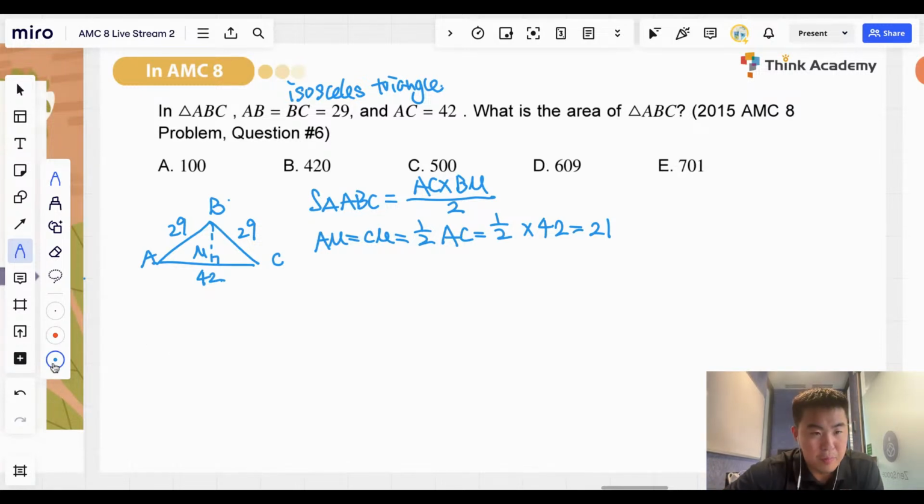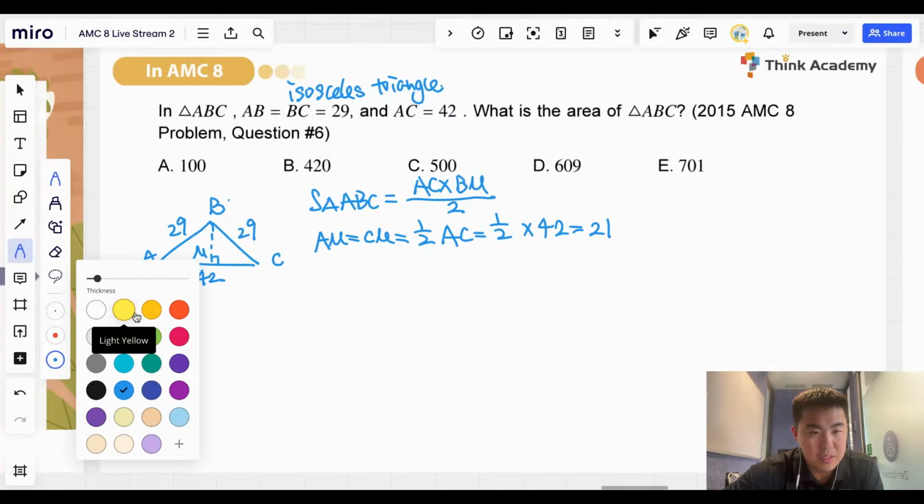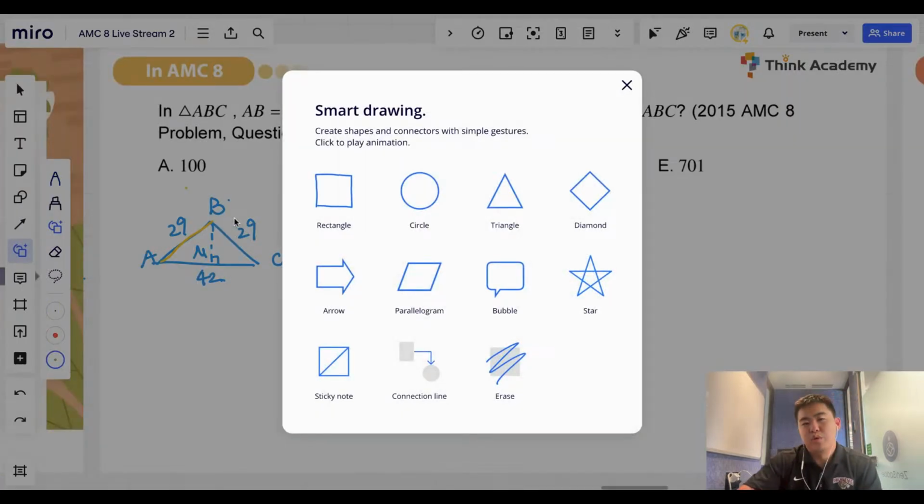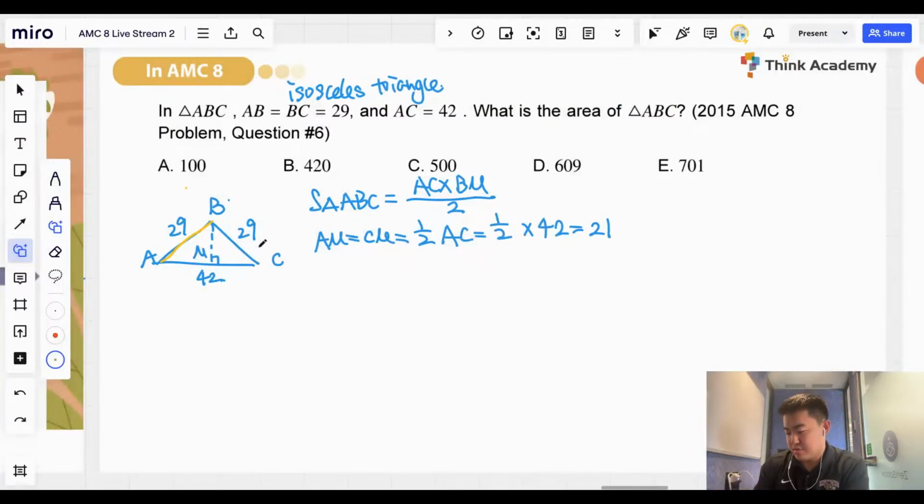For better visual purpose, let me use a different color. Okay, good. So let me redraw that. Now we have our new triangle ABM. Let's draw ABM here once again.